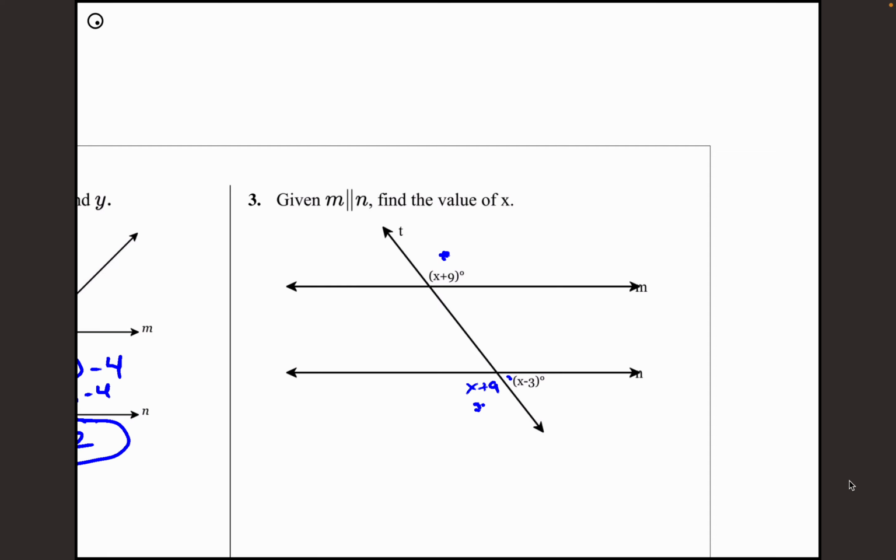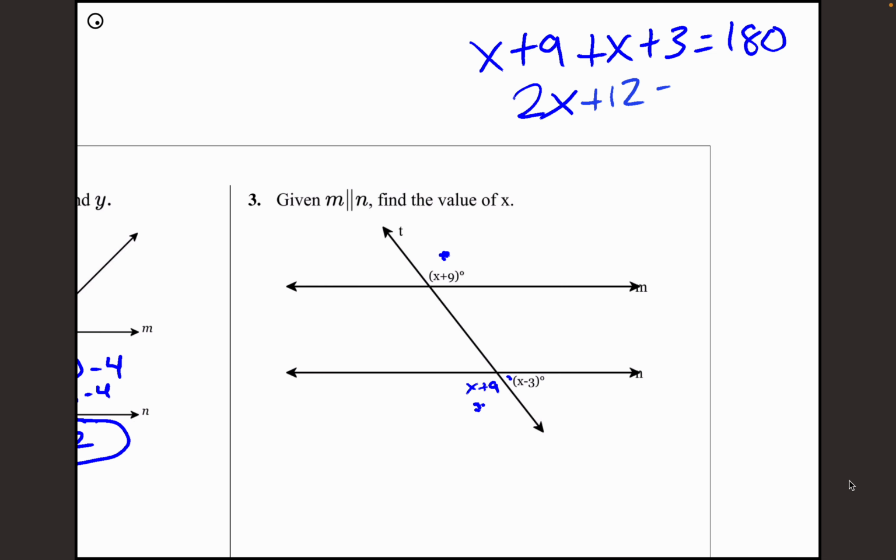So what I'm just going to do is x plus 9 plus x plus 3 equals 180 degrees, and just solve from there. So I'll combine my x's. X plus x equals 2x. 9 plus 3 equals 12. Equals 180. Subtract my 12 over.